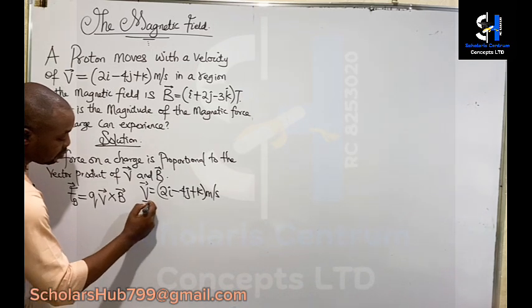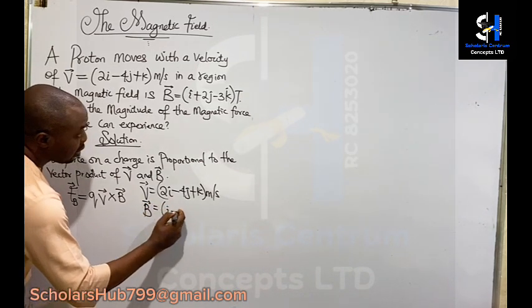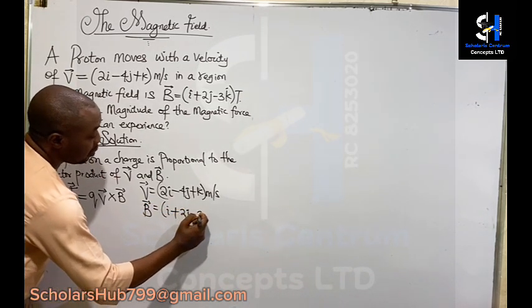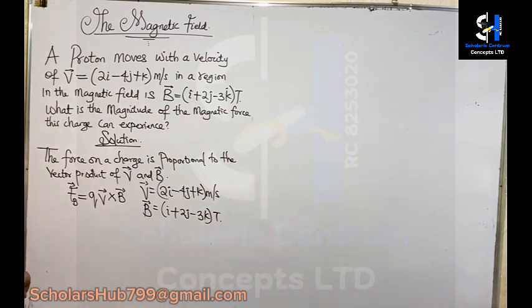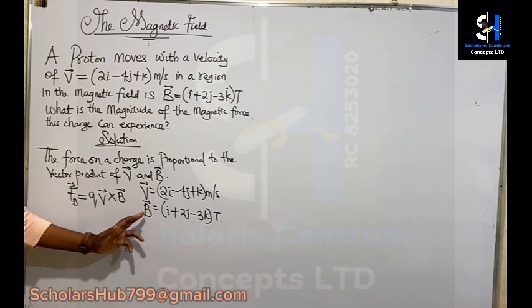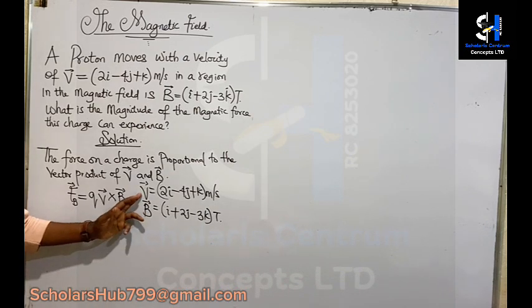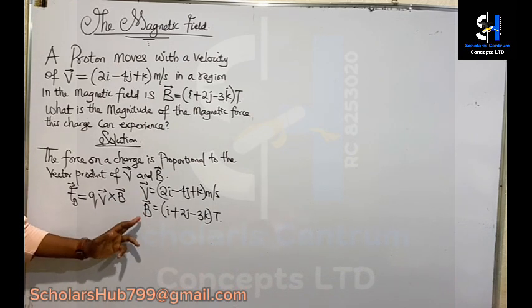Then we are given B, which is i plus 2j minus 3k, and the unit is Tesla. Now, what we need to do in this case is write the vector product, the cross product of V and B.